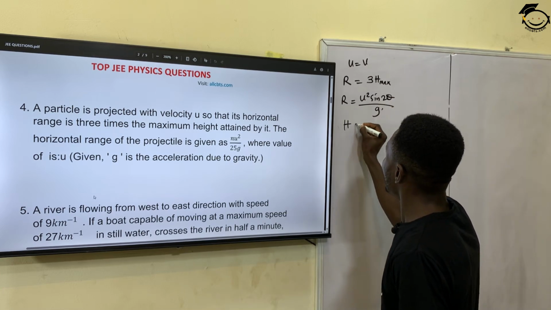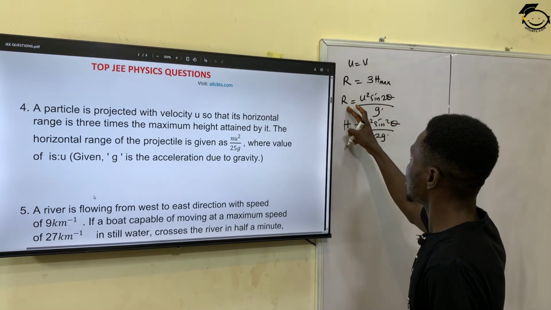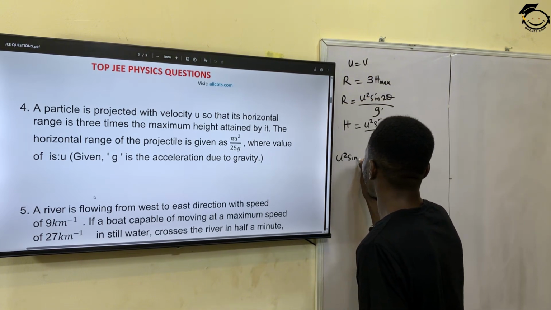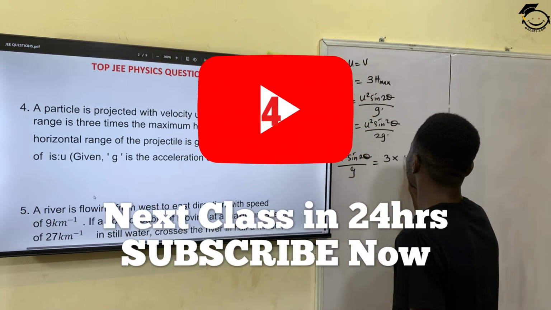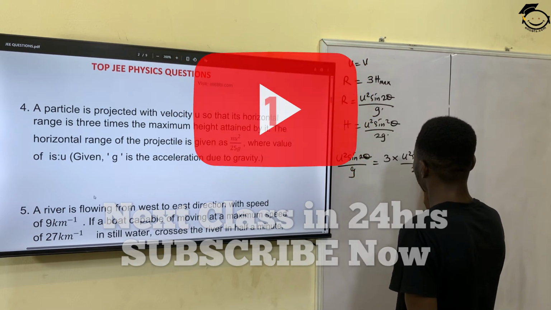And we know that our maximum height is u squared sine squared theta over 2g. So if my range is equal to 3 times the maximum height, it means what I have is u squared sine 2 theta over g is equals to 3 times u squared sine squared theta over 2g.